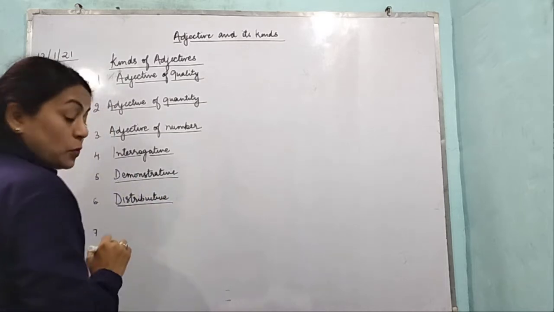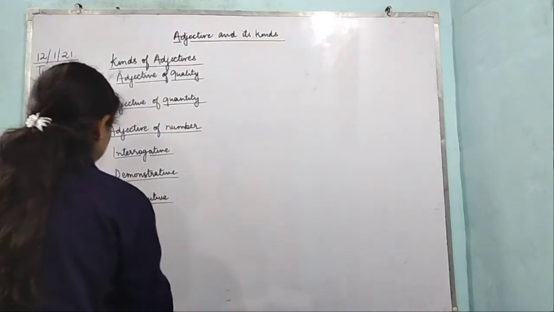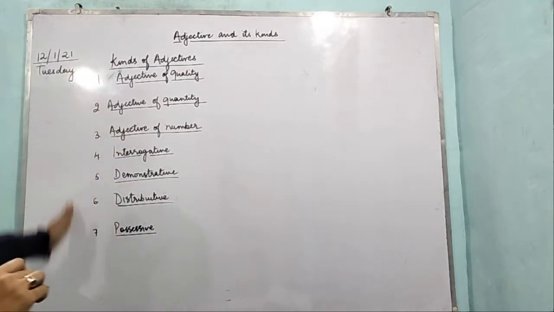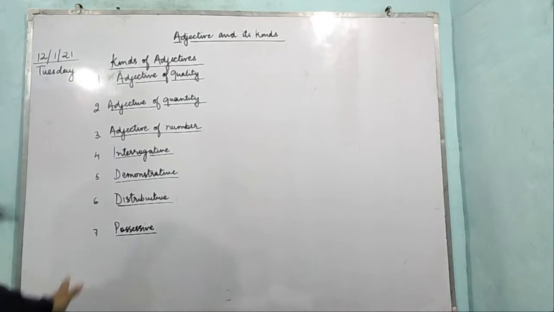And 7th is possessive adjective. So these are 7 types of adjectives. Now one by one we will try to understand it.